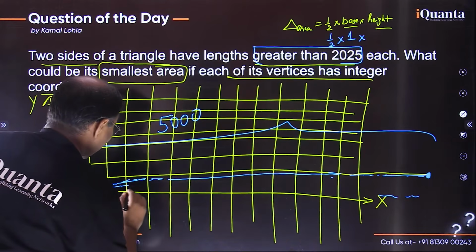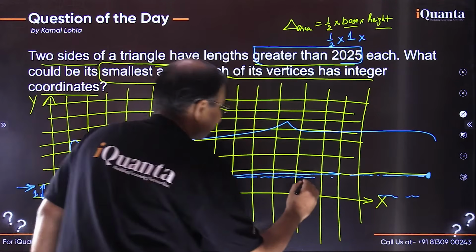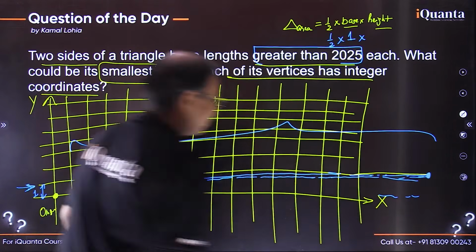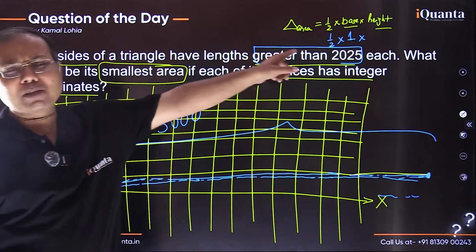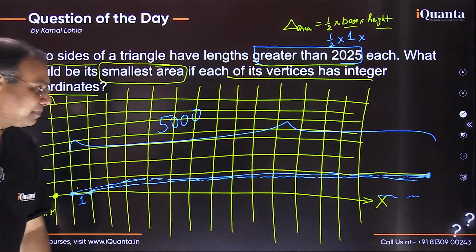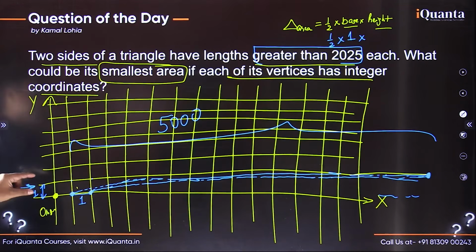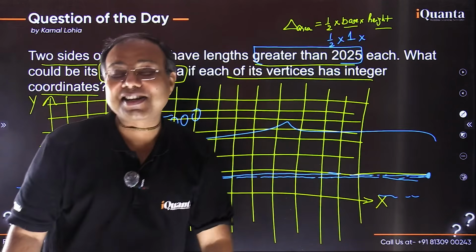So this is an obtuse angle triangle looking very, very thin, very flat, and it is having these two inclined side lengths certainly much, much more than 2025, and base has been capped as 1, height has also been capped as 1, and all the three vertices have integer coordinates, isn't it?